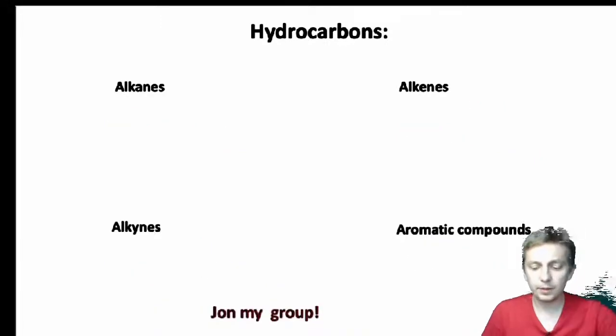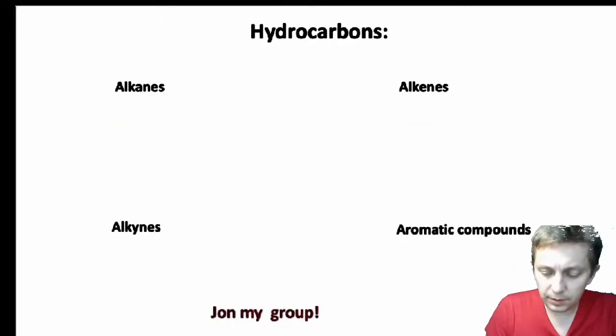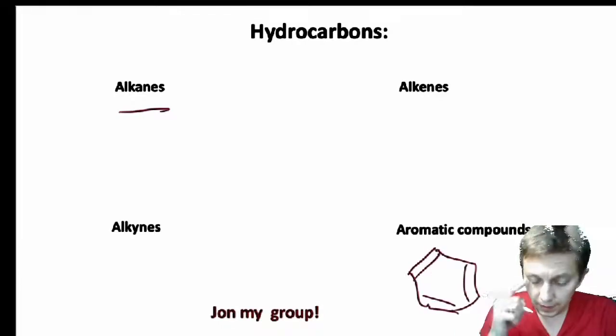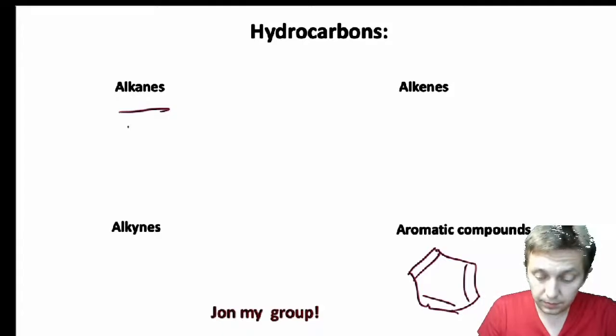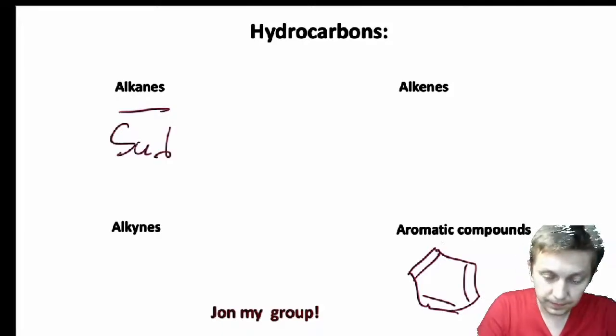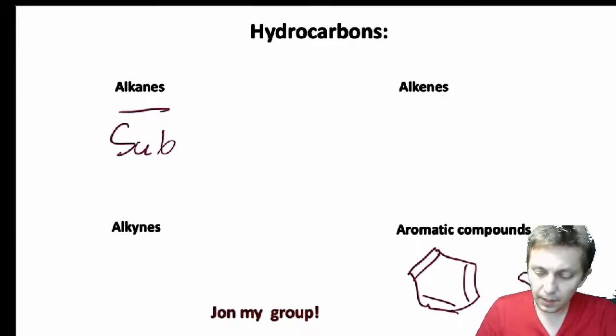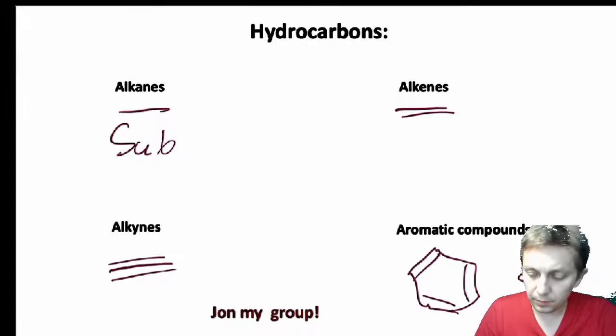And we have two groups of properties. If you're dealing with a single bond or an aromatic ring, it's substitution. If we have a double bond or triple bond, we're dealing with addition.